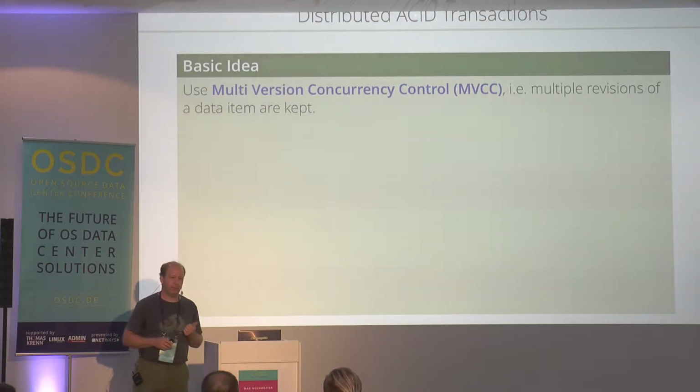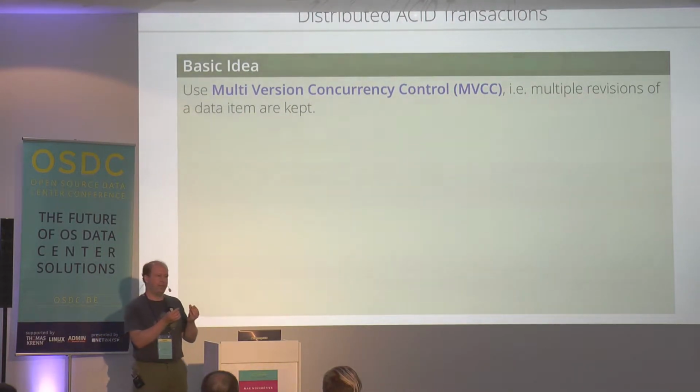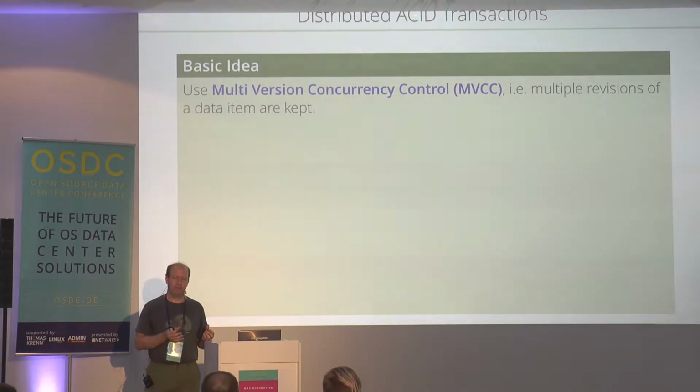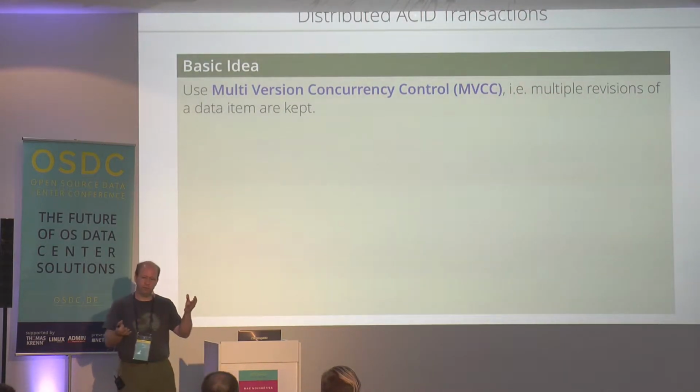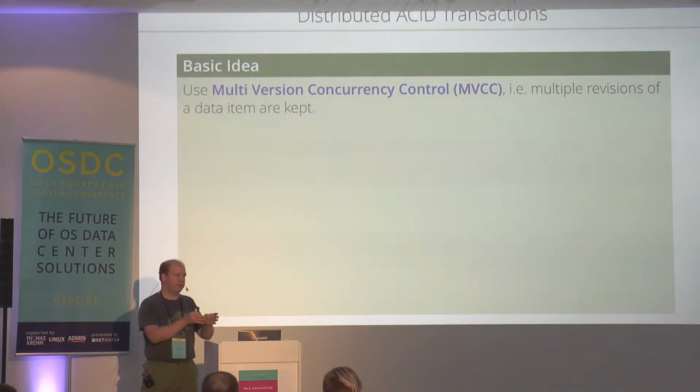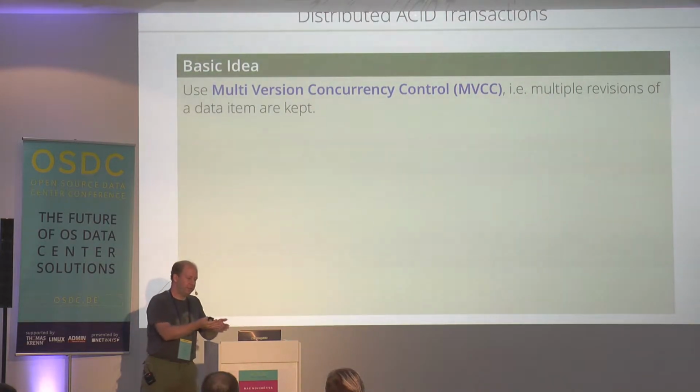One thing which is, to my mind, pretty clear is that a database, any database giving transactions, has to keep multiple copies of your keys, of your data. Why is that? Well, you might have concurrent transactions where one of them has started very early, so it needs to see the old version.